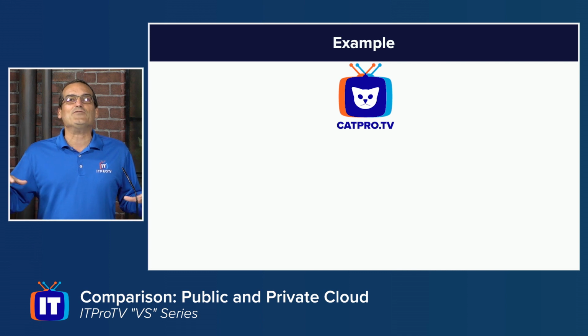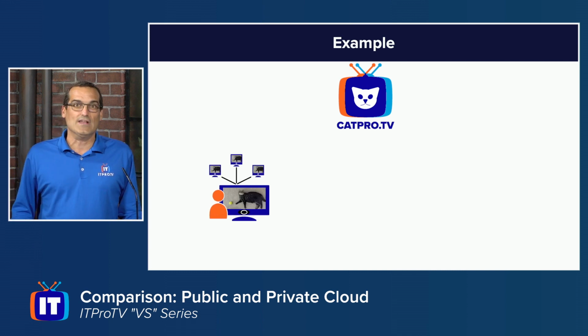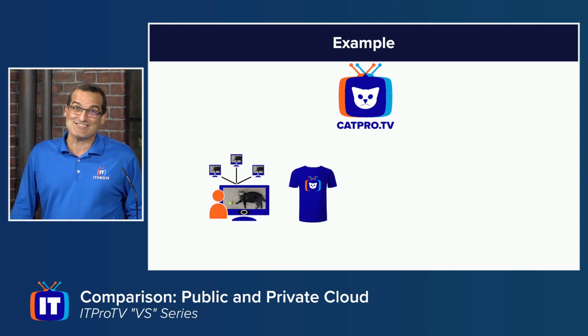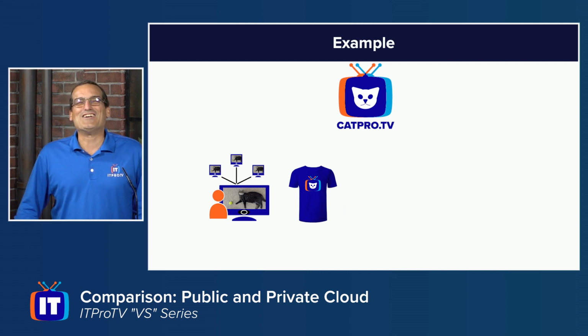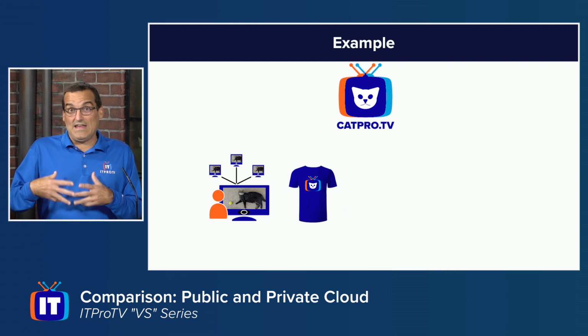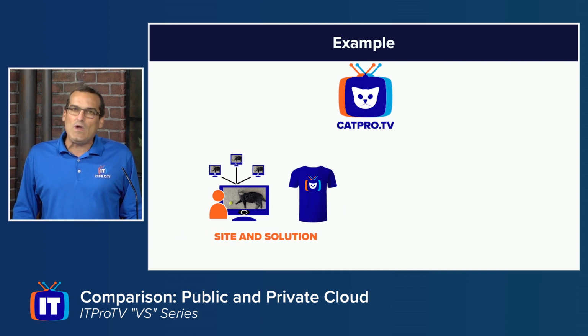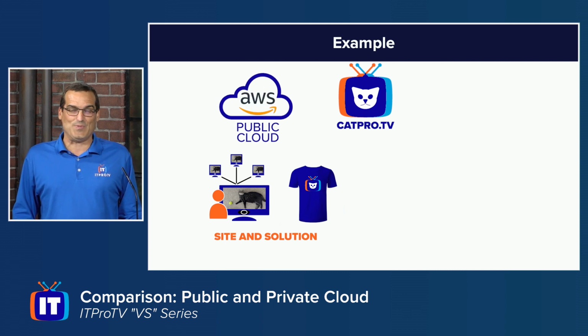For instance, the fast delivery of cat videos all over the world, not to mention our great Cat Pro TV t-shirts. That's tough to say. So the aspects of the Cat Pro TV site and solution that we can't handle ourselves, we've decided to have AWS help us with.